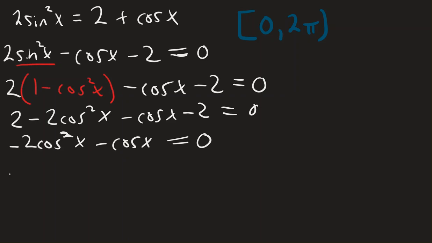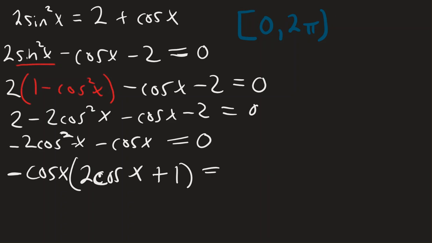They both have a 2 or a negative. They both have a cosine x. And negative cosine x times 2 cosine x gives me this. And negative cosine x times 1 gives me negative cosine x. So I factored there, I factored GCF.